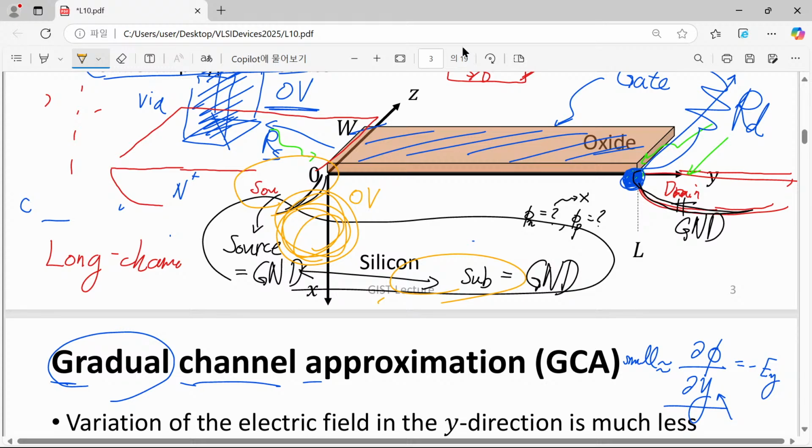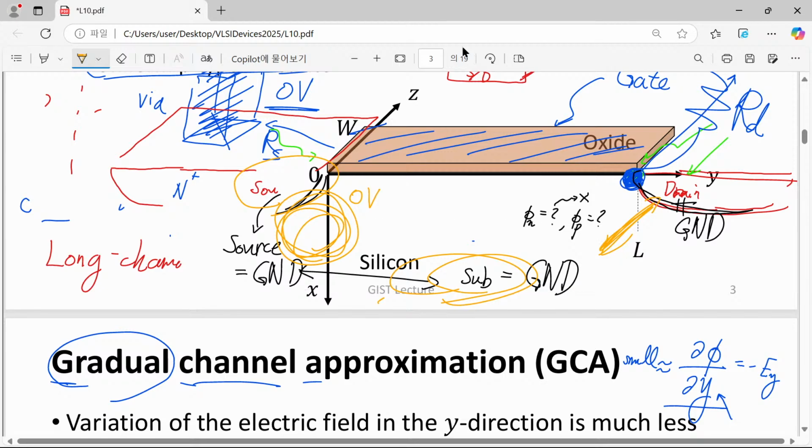But if we go to this junction part, then maybe there will be a certain conflict. The n plus drain wants to keep the quasi-Fermi potential quite close to its own applied bias, the drain voltage, and the substrate wants to keep it at 0. So that is the point.